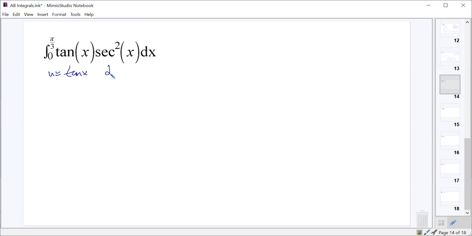Because if u is tangent x, what's du? Secant squared x dx. Exactly. And so the whole secant squared x dx will disappear and become du. And we'll just end up with an integral of u du. Everybody agree with that?